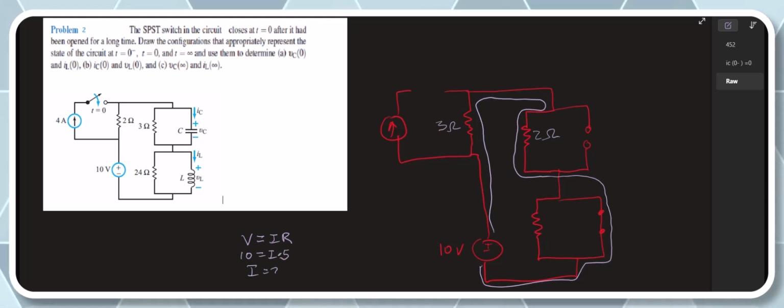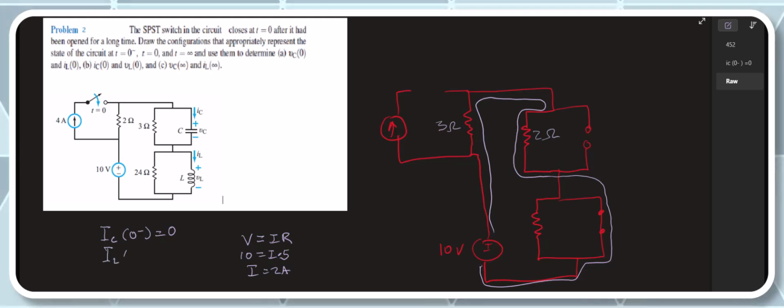So our current is 2 amps. And that is the current through the inductor. So we have that IC of 0 minus equals 0. There's no current through the capacitor. IL of 0 minus is 2 amps.